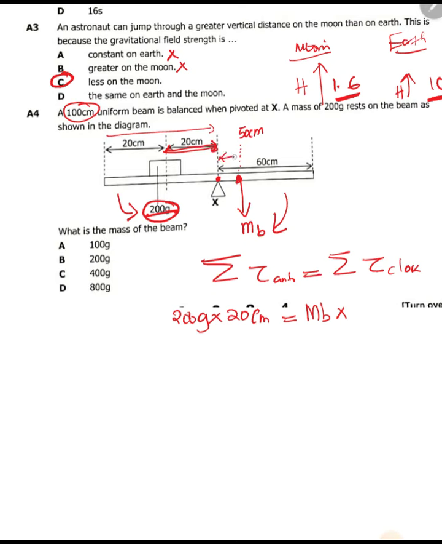We are looking for that distance, not 50. So if this is 40, to reach 50 this must be 10. So 10 plus 20 plus 10 plus 50 gives 100. So we are using 10 there. So the mass of the beam is in fact 400 grams.